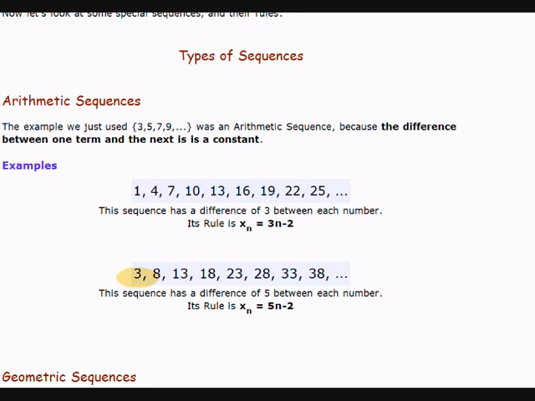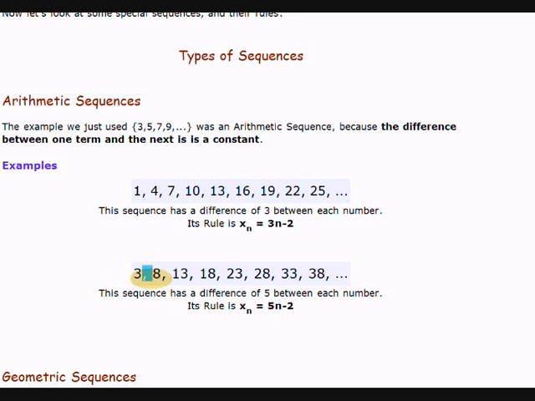In this sequence, you get another one: 3, 8, 13, 18, 23, 28, 33, 38. Here the difference between each number is 5. So the rule we can write is 5n minus 2.